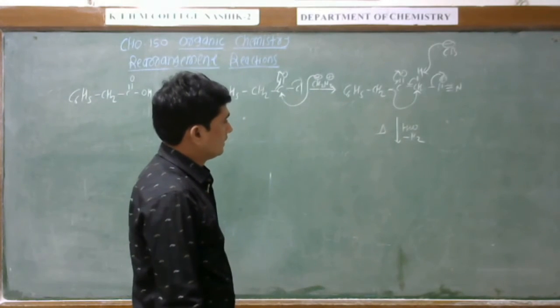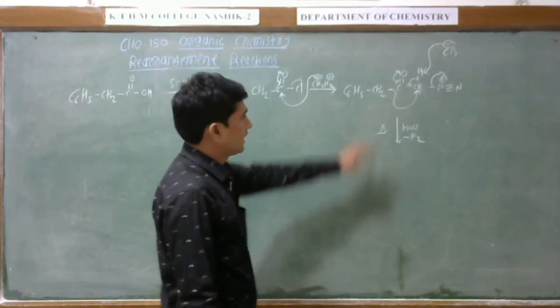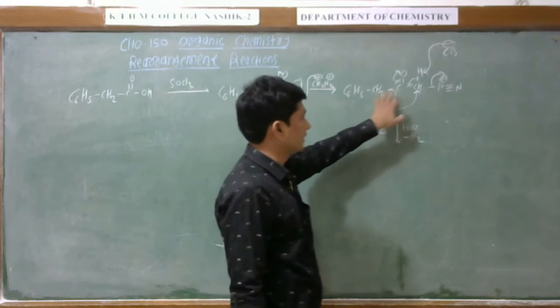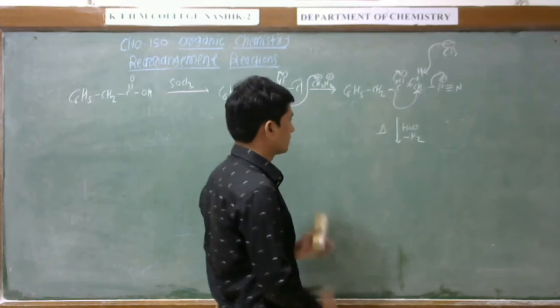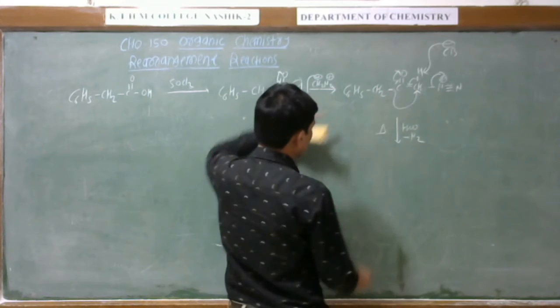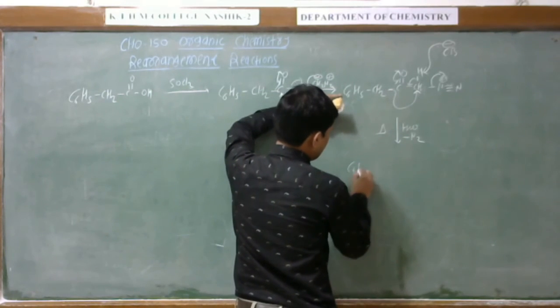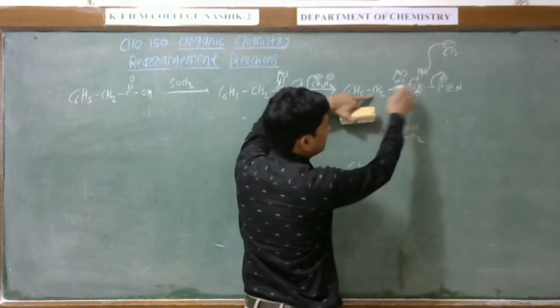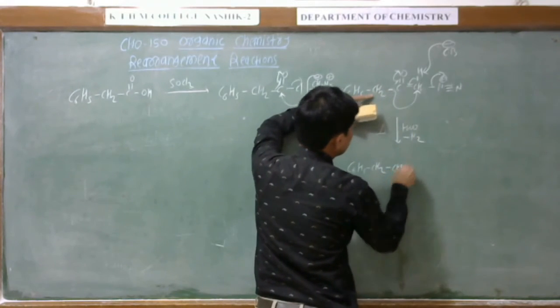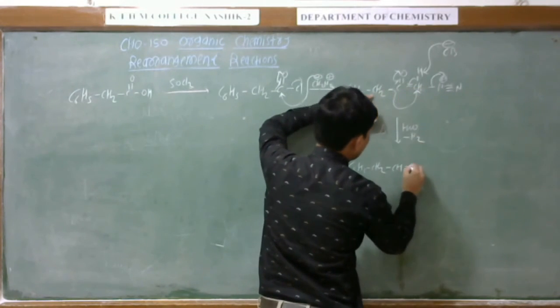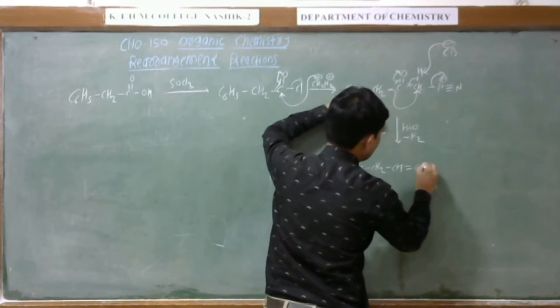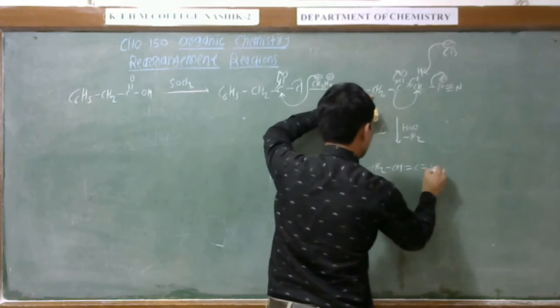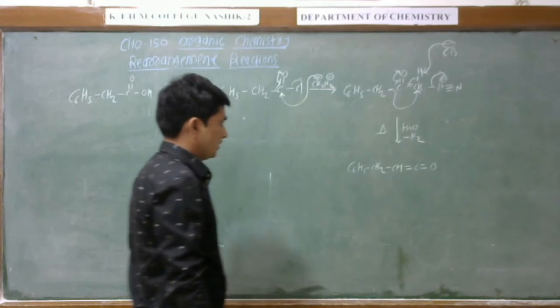In all these rearrangements, the group migrates from carbon to the electron deficient carbon. So we can write C6H5CH2 attached to this CH, and this carbon attached to the double bond oxygen.